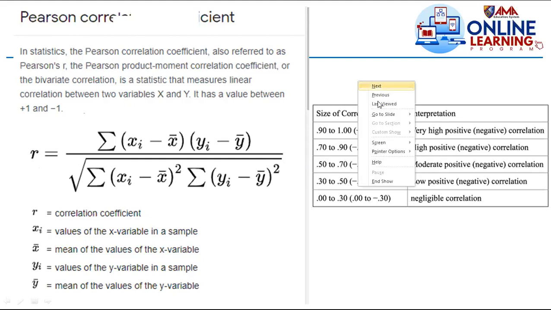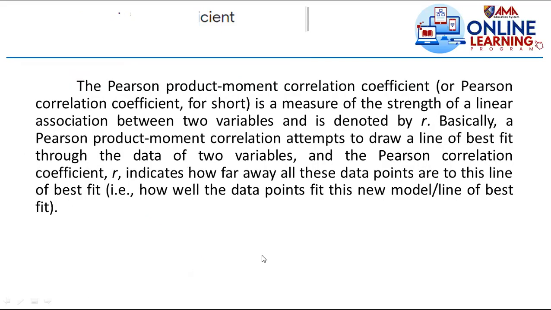Okay? The Pearson product moment correlation coefficient, or Pearson correlation coefficient for short, is a measure of the strength of a linear association between two variables and is denoted by R. Basically, a Pearson product moment correlation attempts to draw a line of best fit through the data of the two variables.